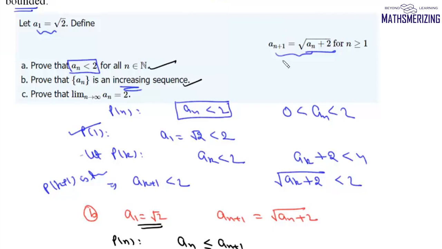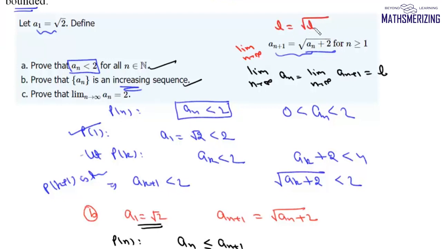Since we know that the sequence is convergent, the limit as n tends to infinity of an will be equal to the limit as n tends to infinity of a(n+1), and say this is L. Now in this recurrence relation, if we take the limit as n tends to infinity on both sides, we can write L equals under root of L plus 2, that is, L squared minus L minus 2 equals 0.